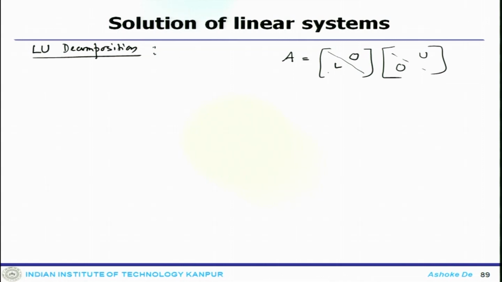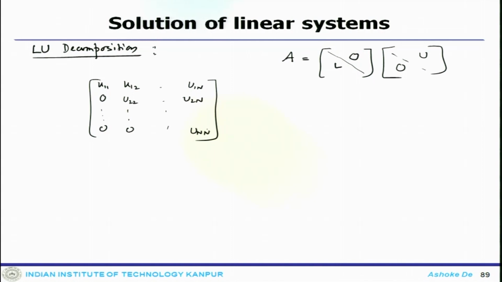Now, if you perform the elimination process, what you get at the beginning is, let us say, u11, u12 and so on up to u1n, then 0, u22, u2n, 0, 0 and so on, up to unn.